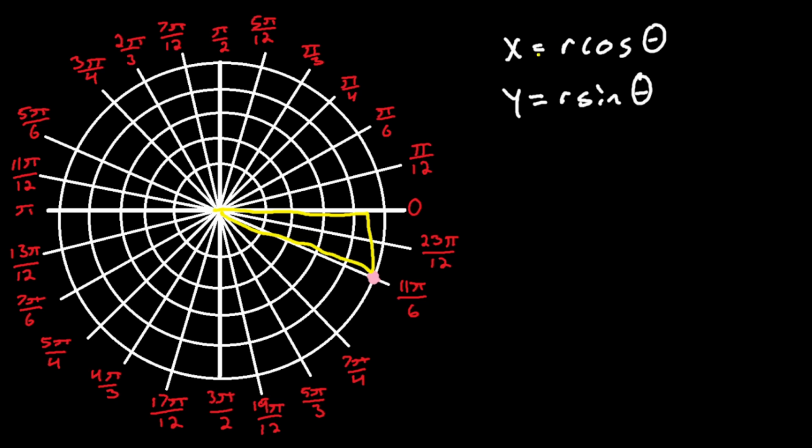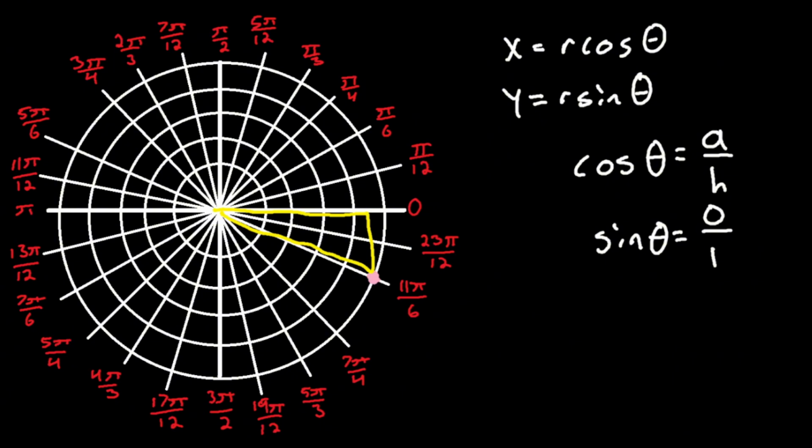Okay. But what does cosine equal? Cosine of theta equals adjacent over hypotenuse, correct? So COA, and sine of theta is equal to opposite over hypotenuse. Here's the thing about the hypotenuse. The hypotenuse's length is equal to r. So we can actually just replace hypotenuse with r.